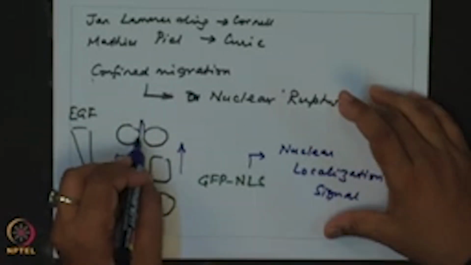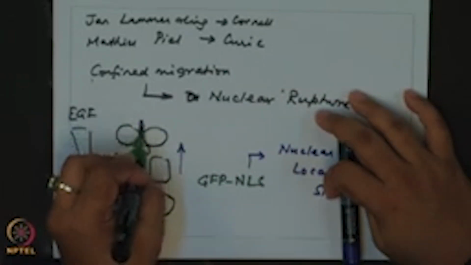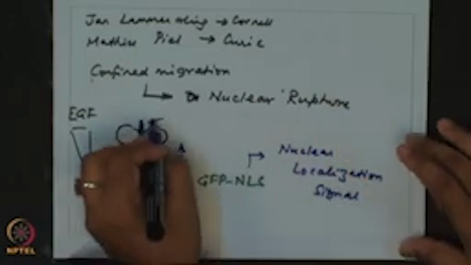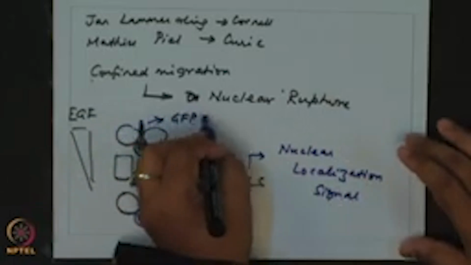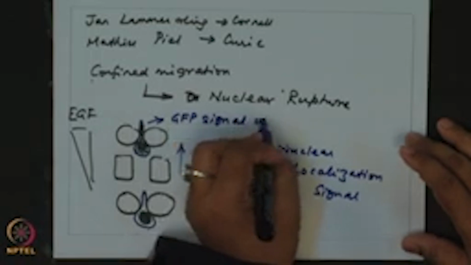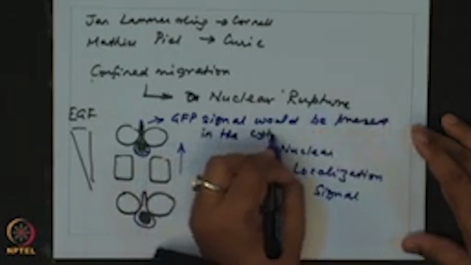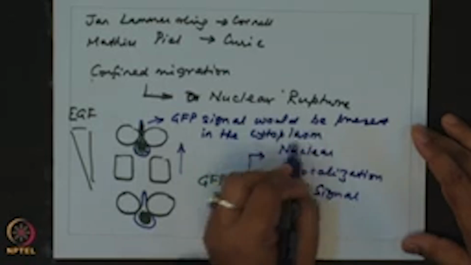But what they found was that during the migration process, every once in a while they would have a situation where the GFP signal would be present in the cytoplasm.